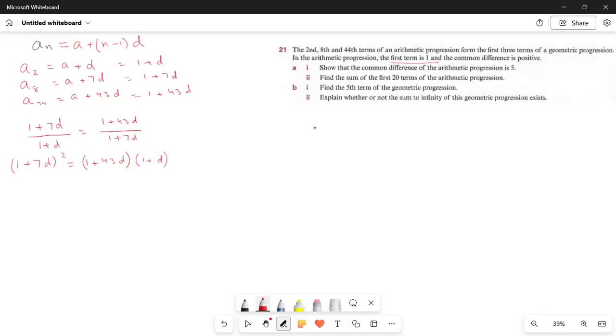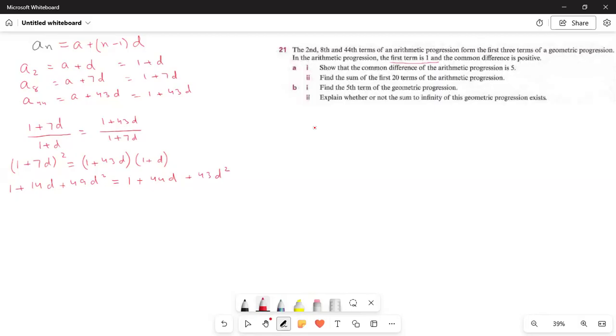Okay, so let's simplify this. If I open this square, it is 1 plus 14d plus 49d squared. Am I right? And when I multiply these two terms, it's going to be 1 plus 43 plus 1 is 44d, and plus 43d squared.